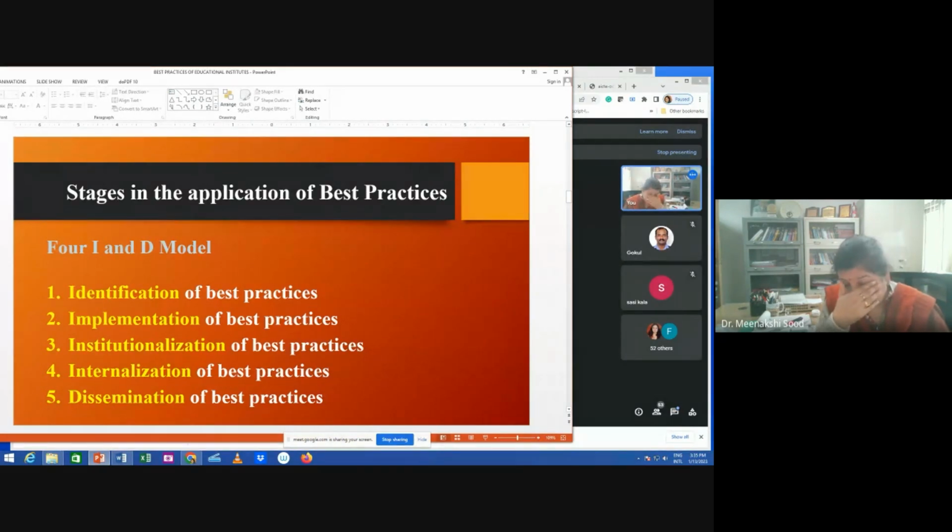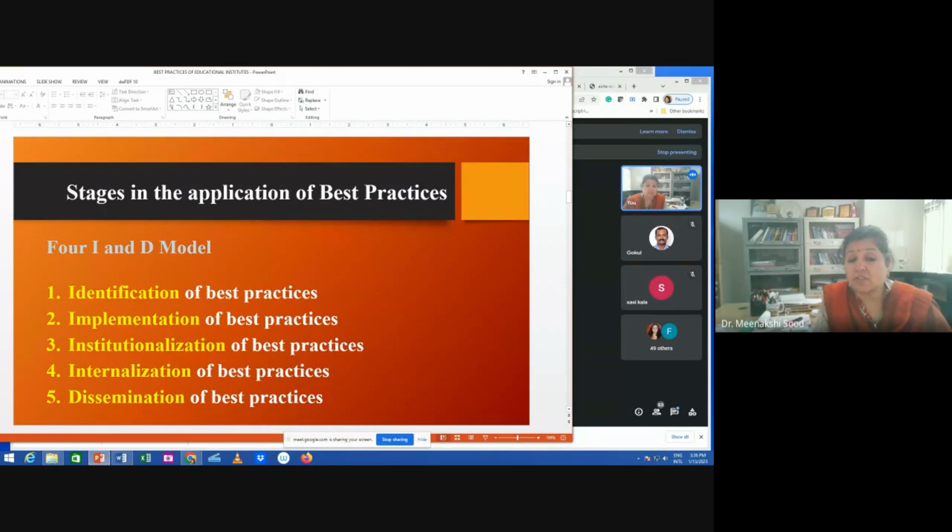If we want good placement, what changes should you bring in the curriculum for the students, what changes in the training and placement office, how should industry be attracted and called to engage your students, how should students be prepared by mock interviews and mock tests? These are the steps you take for implementation.